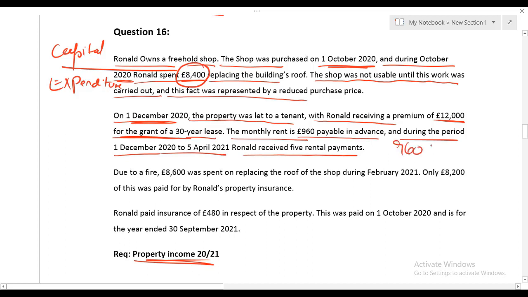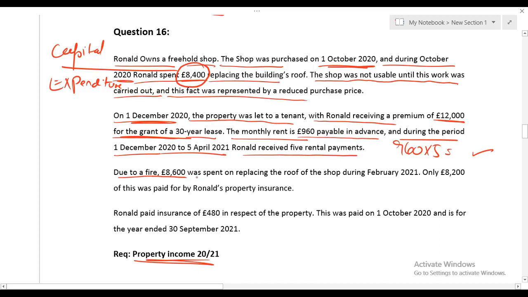So 960 into 5. As we know that property income is taxable on a cash basis, all of the 5 rental payments fall in the relevant tax year 2021. So I have to work on the 5 rental payments which Ronald has received. Okay. So the rent will be 960 into 5.